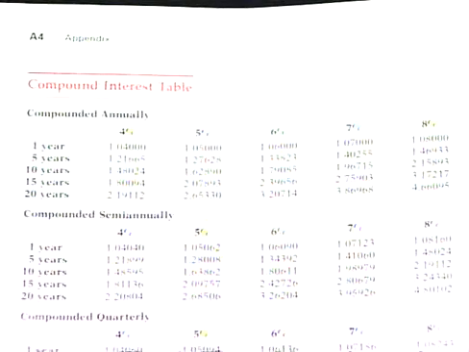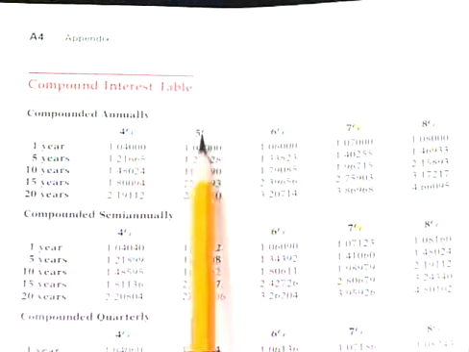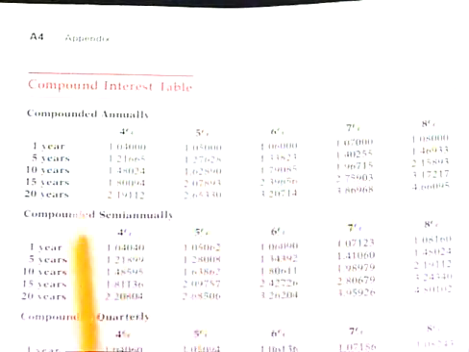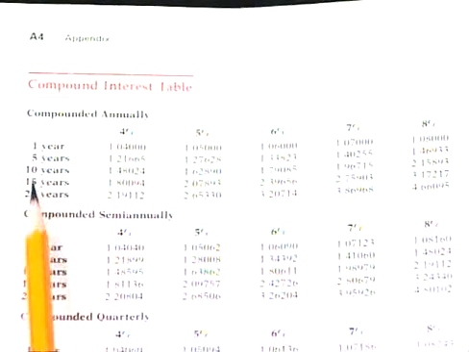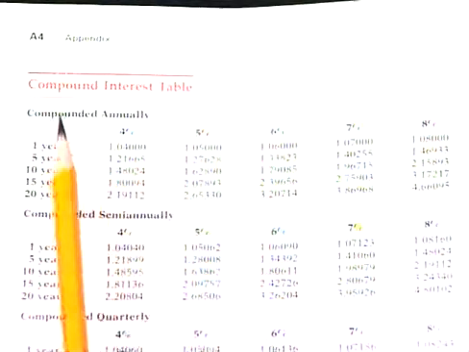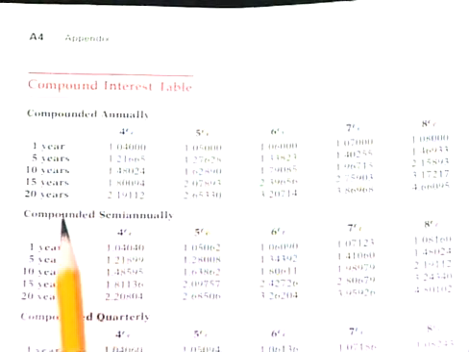Notice that it has numbers at the top that represent the interest rates. Also, you'll see the years on the left-hand column and the interest rates at the top. Now, notice that we're in the segment marked compounded annually. And there's another segment marked compounded semi-annually, compounded quarterly, and so on, all the way down to compounded daily.